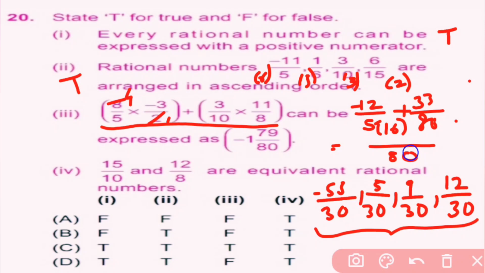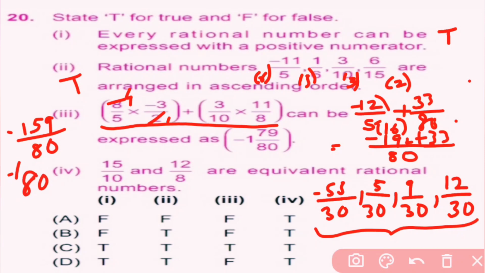Their denominator will be 80 and minus 12 into 16 is minus 192 plus 33. Minus 192 plus 33 is equal to 159. 159 by 80. We will convert it into a mixed fraction. So 80 ones are 80 and 79 remaining. So this is correct. So this statement is also true.